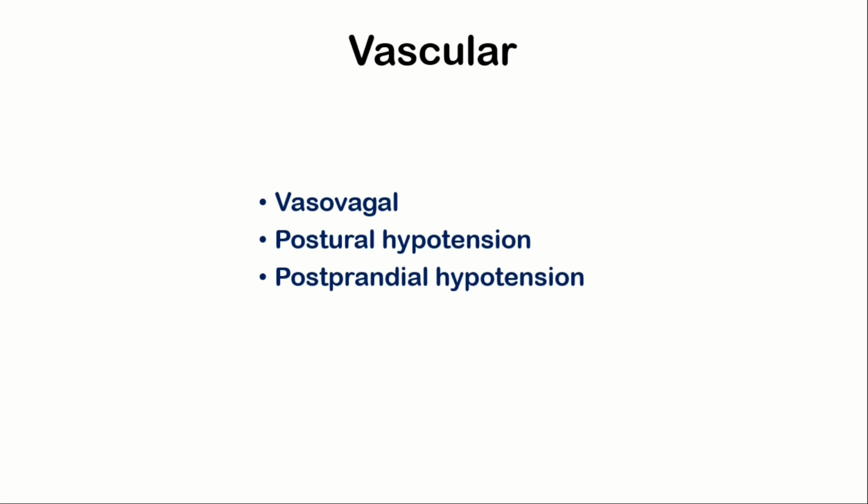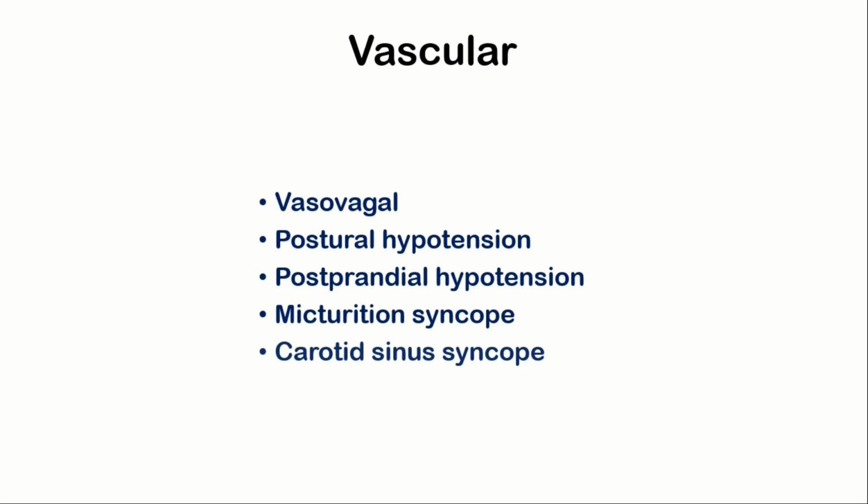Vascular causes are vasovagal attack, postural hypotension, postprandial hypotension, micturition syncope, and carotid sinus syncope. Vasovagal attack is the most common cause of syncope. Postural hypotension is caused by a drop of systolic blood pressure of 20 or more on standing from a sitting or a lying down position.